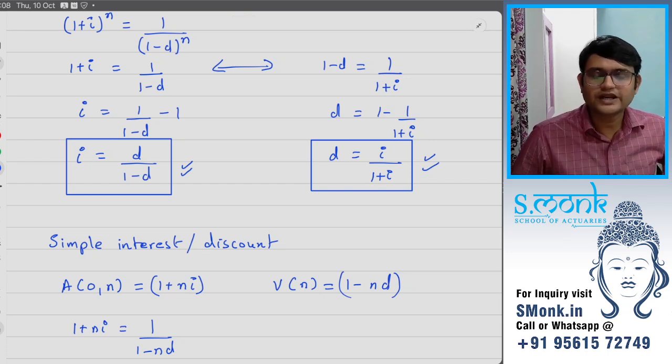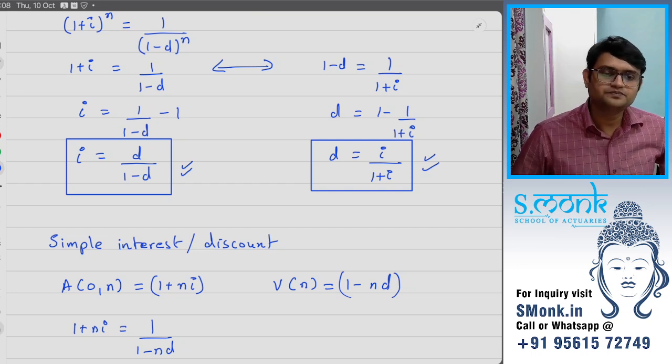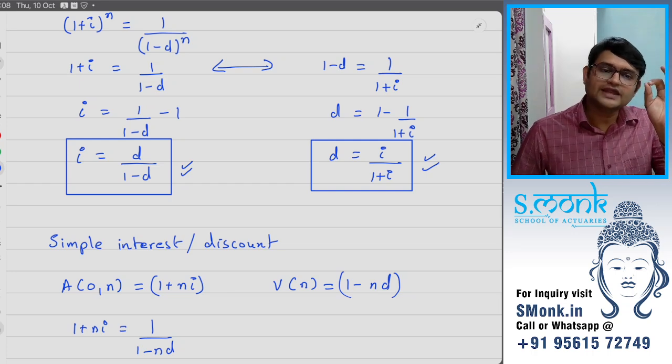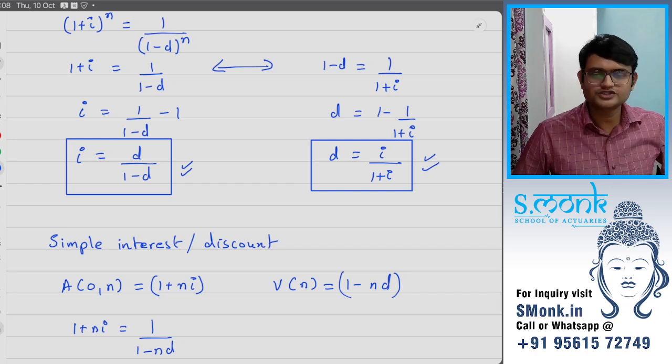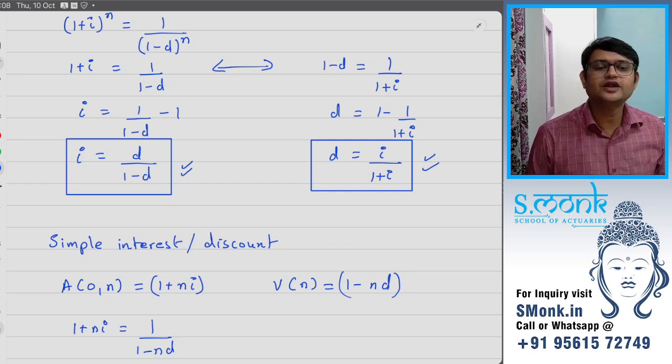So for compound rate of interest, compound rate of discount, we can convert at any time period and use it in any time period, because they are independent of any time period.